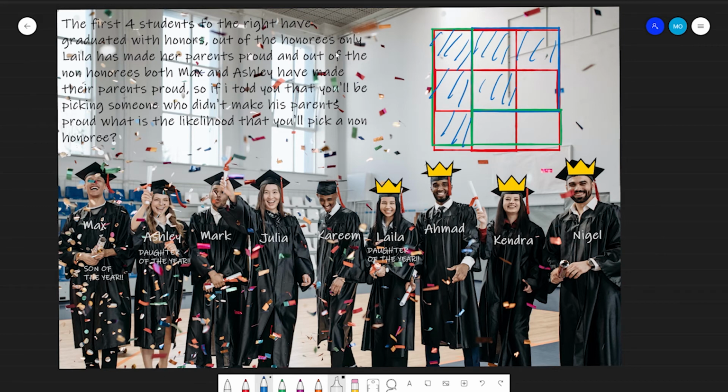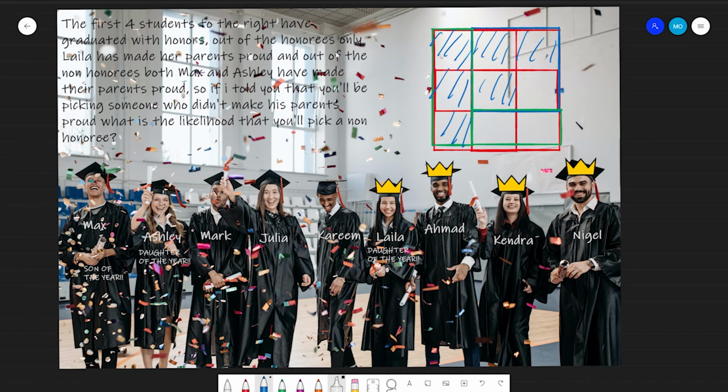And we wish to know what is the likelihood of getting a non-honoree. So we'll only be concerned with those non-honorees that happen to have failed their parents. Okay, so these two, Max and Ashley, the ones who are non-honorees and happen to have actually made their parents proud, we exclude them.